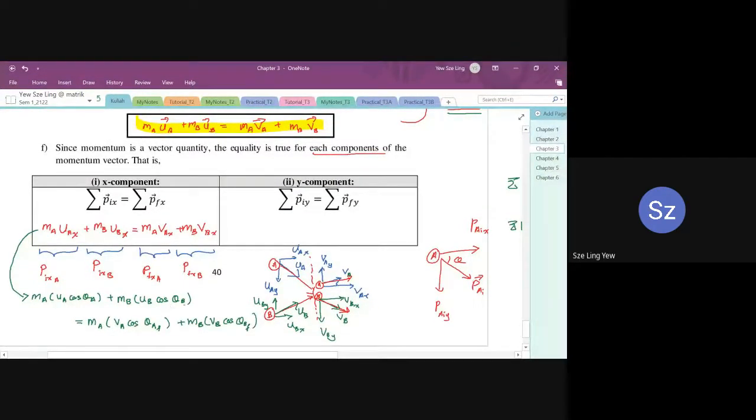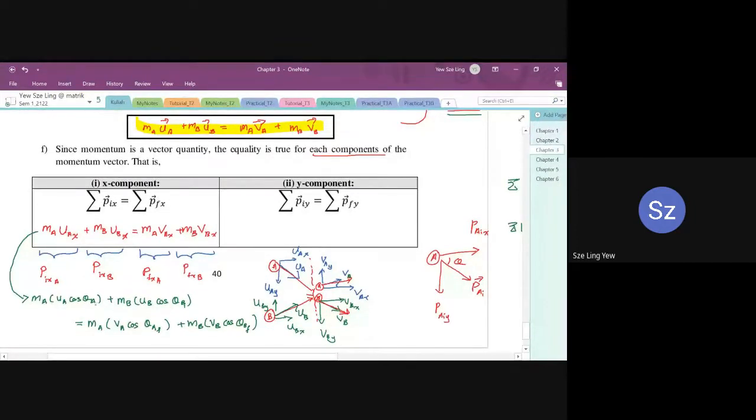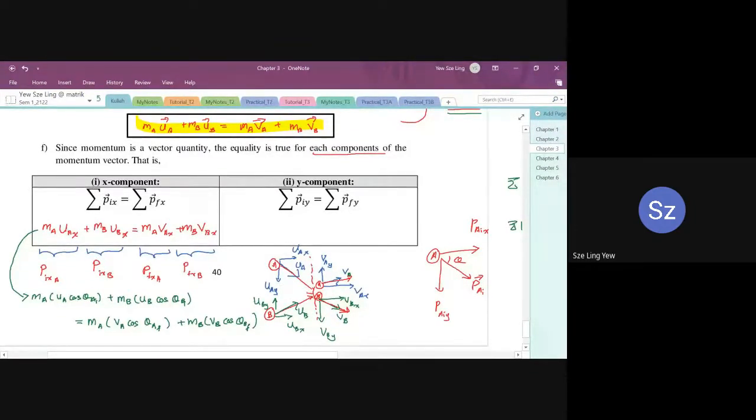So I have theta initial and theta final: the angle before collision and the angle after collision, and you need to take both into consideration.